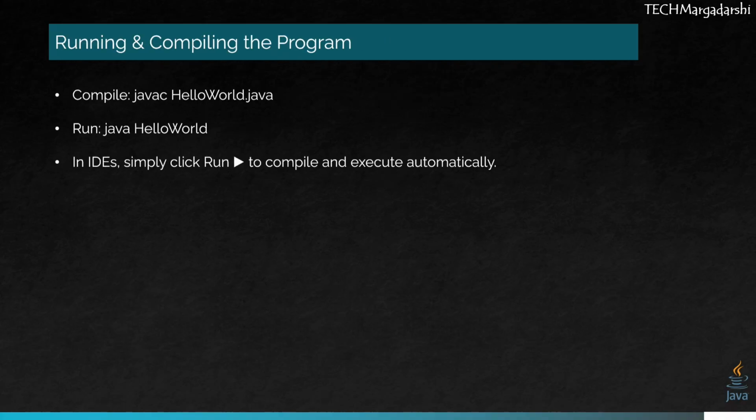Now that our Hello World program is ready, let's learn how to run it. If you're using the command line, the first step is compiling the program. You do that by typing javac HelloWorld.java. This converts your Java file into bytecode. Once it's compiled, you can run the program using java HelloWorld and you'll see the output printed on your screen.